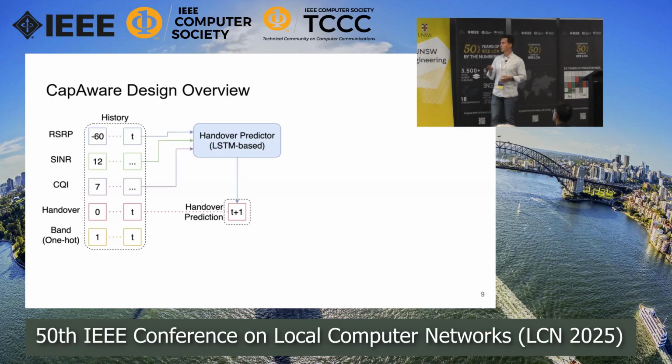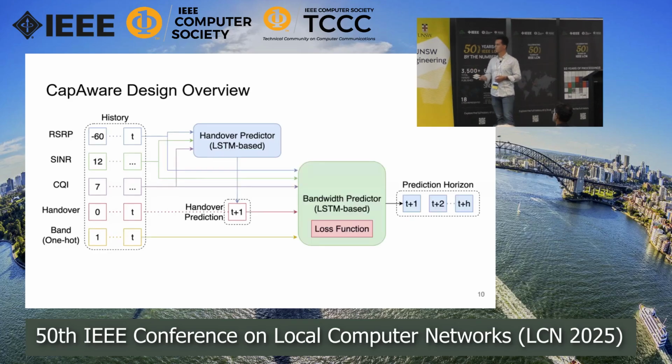Using some of these features, we predict upcoming network handovers with our model, and then our prediction model outputs a handover prediction for the next second. Then, using most of the features that we showed, we use them as input for our bandwidth prediction model, as well as for our custom loss function.